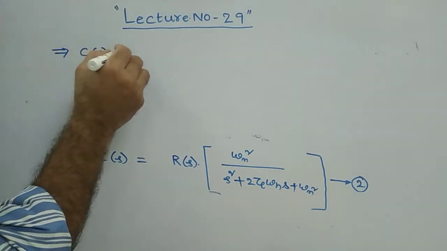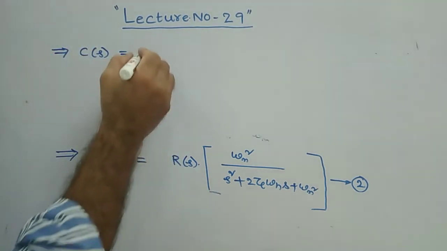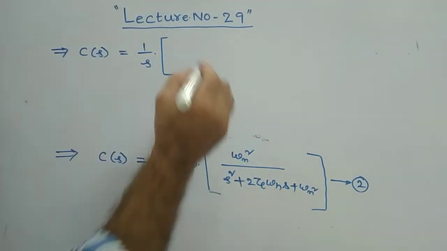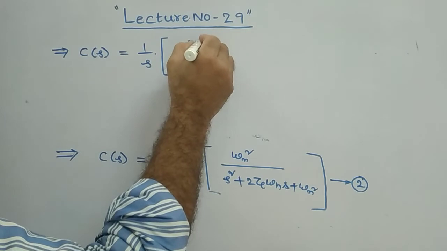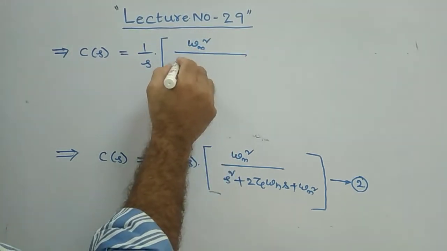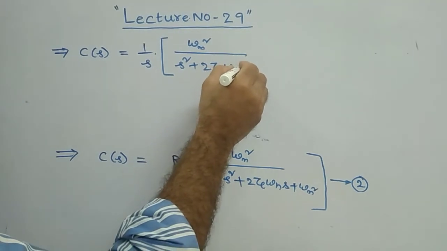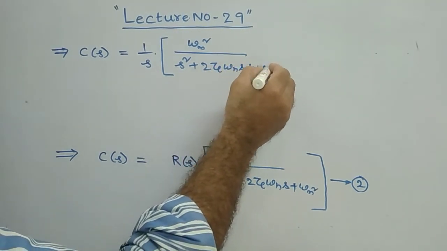C of s is equal to, here R of s is nothing but 1 by s, times, in bracket, the entire thing as it is, omega n square by s square plus 2 zeta omega n into s plus omega n square.